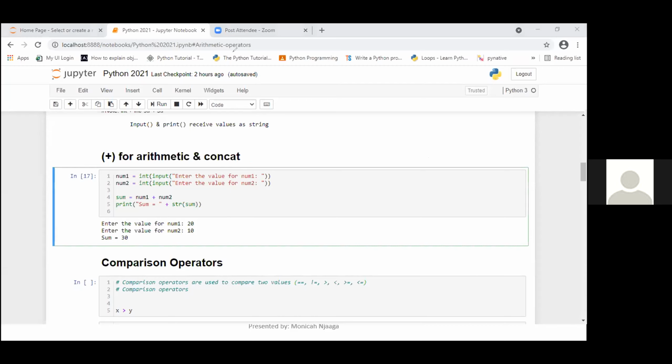Okay. Yeah, sure. So what we are doing, and I'm gonna write the line number here. So in line number 4, the sum should equal our 20, and these are the values that I had input, right? Yeah.